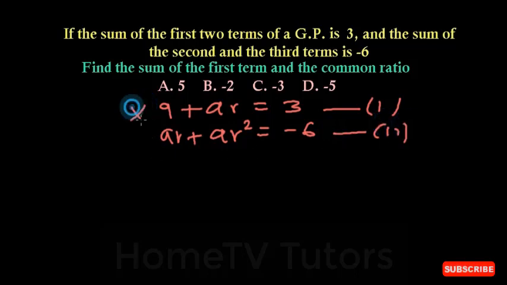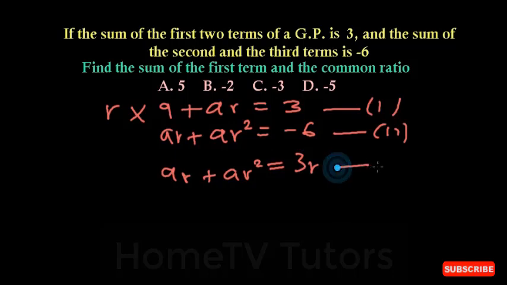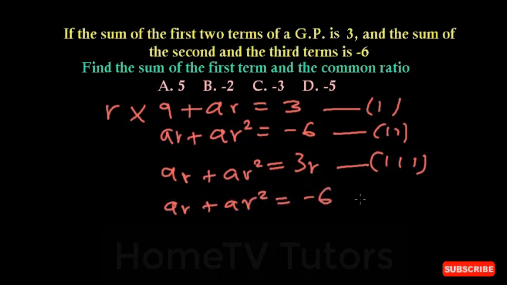So now we multiply equation 1 by R. So we have AR plus AR square equals 3R. Let this be equation 3. Now we subtract equation 2, that is AR plus AR square equals minus 6, from equation 3.